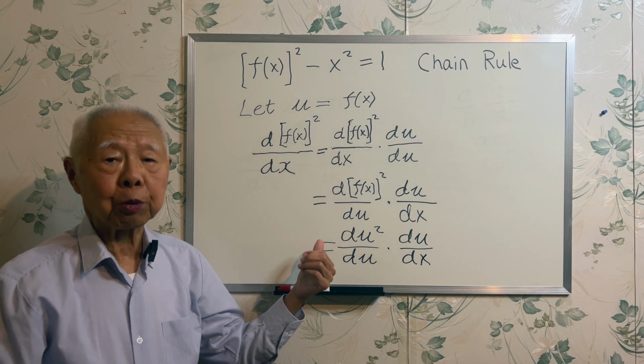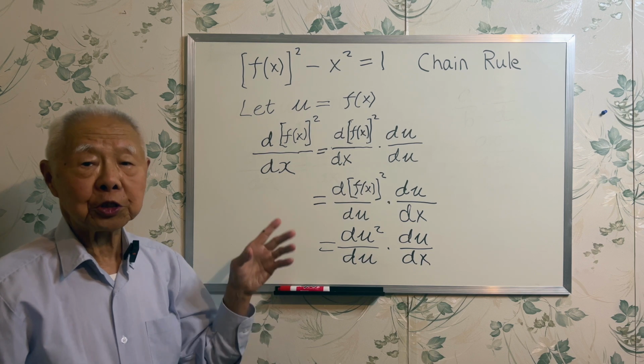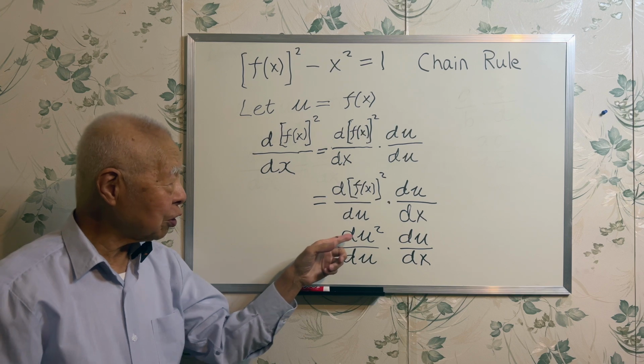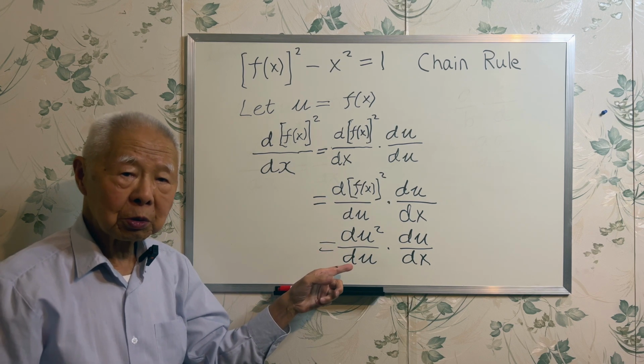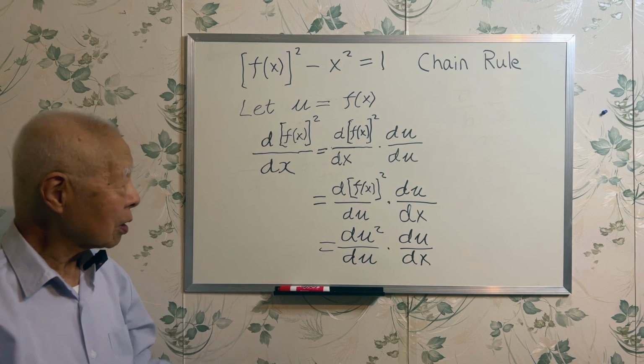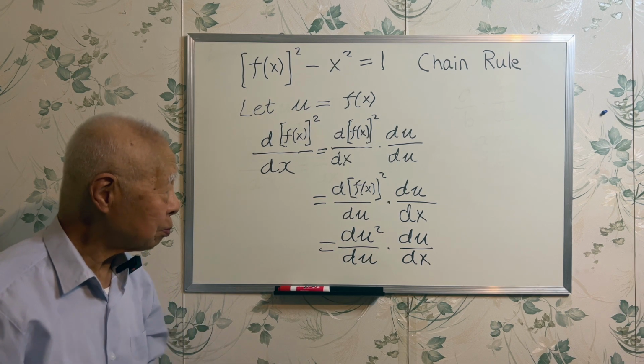This step has no problem, right? Because f of x, I use the letter u to represent it. But then d of u squared by du is not difficult. What is the derivative of u squared? It's 2u.